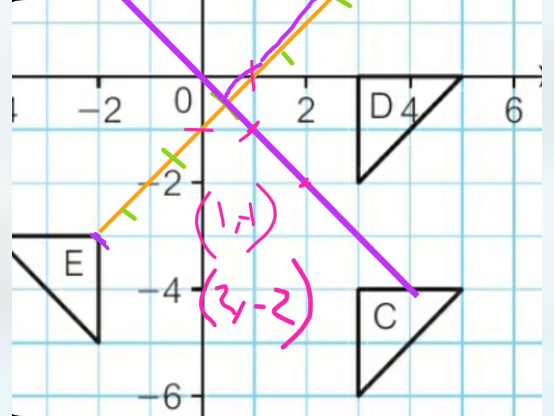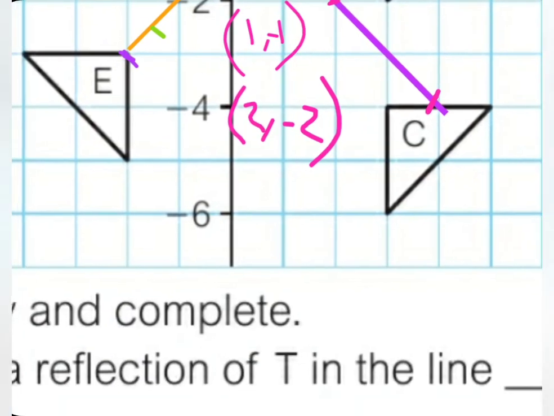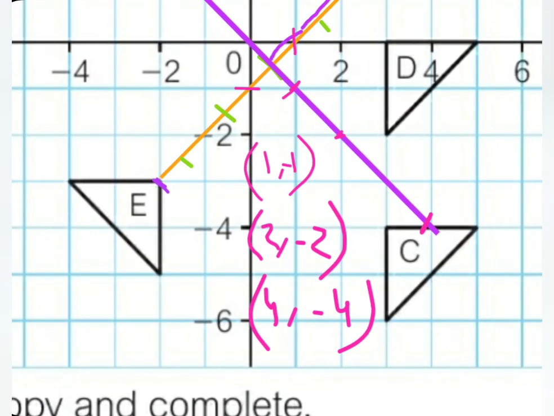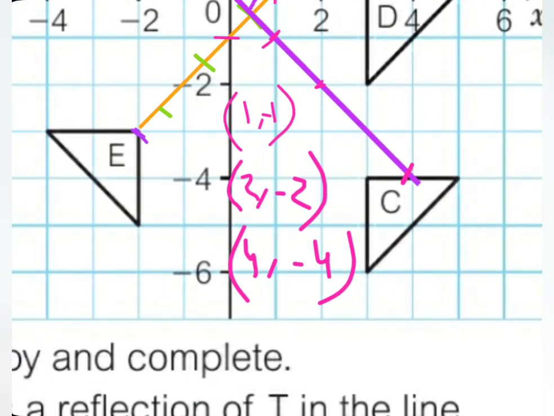And another point, let's take this one, for example, is going to be 4, -4, good. Now, as you can see here, what do you notice about these points? Very good. We notice that x and y are the same, but with a little difference, which is the negative sign.